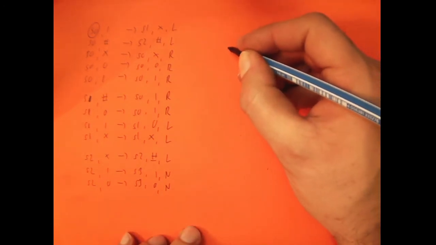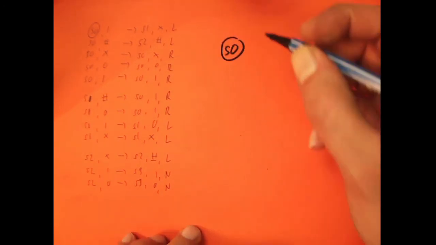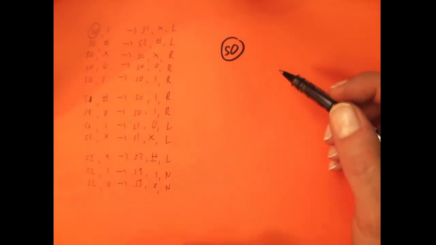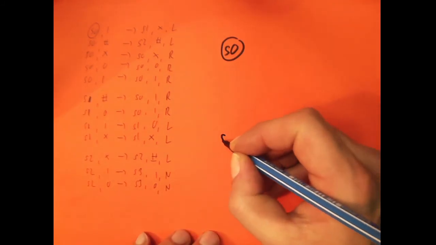So let's do the painting here. We start with S0. So this is our start state. So therefore we have a node S0. And from this node S0 we have a change to S1, so we have a node S1.